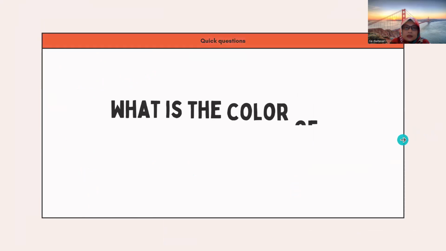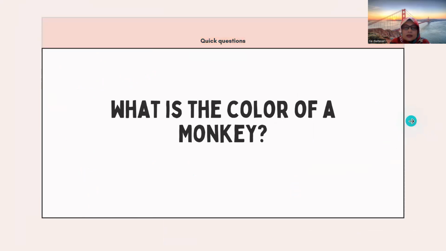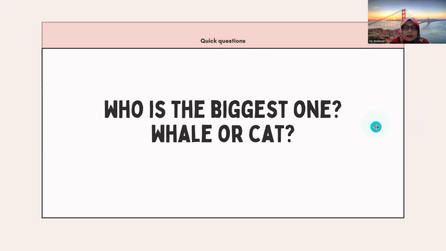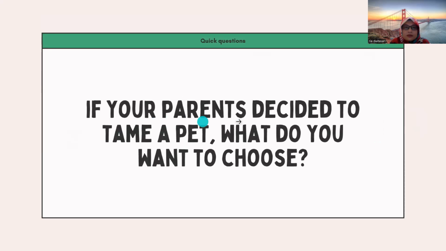Okay, what is the color of a monkey? Who is the biggest one, wall or whale or cat? If your parents decided to let you have a pet, what do you want to choose? Jadi kalau boleh nih punya binatang peliharaan, nah anak-anak mau milih binatang peliharaan apa?